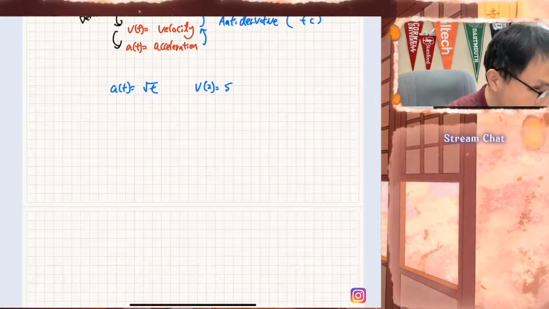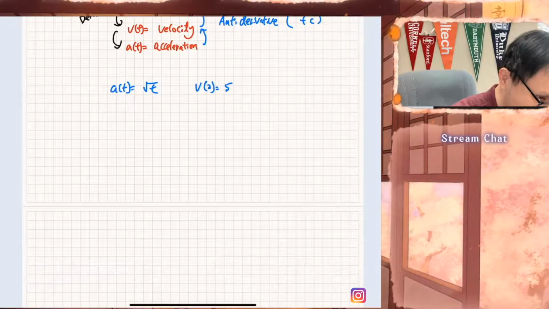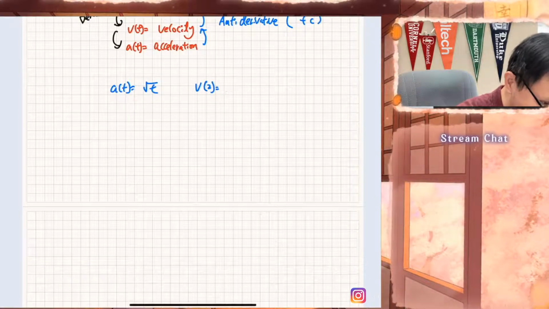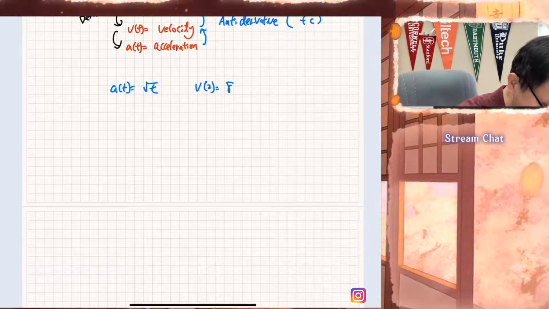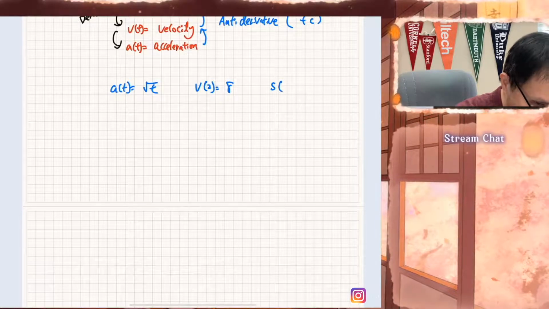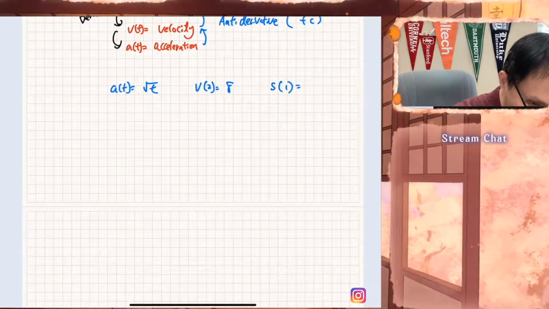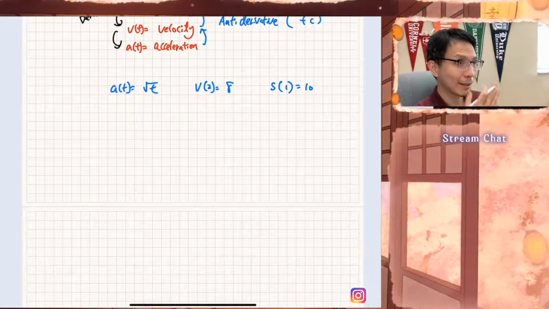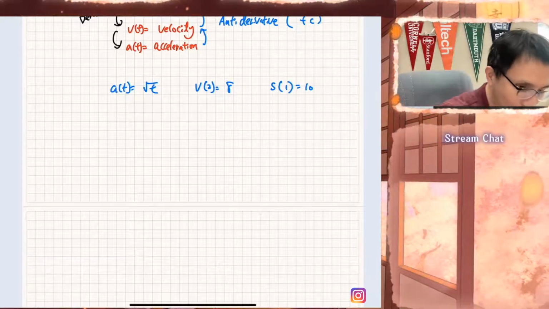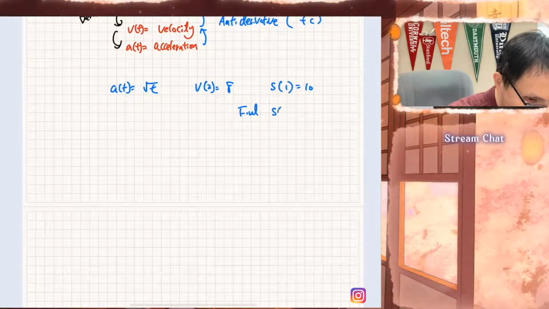I can do that. Can I? Let's give you an even number. And I can say s of 1 is going to give me 10. Something like that. Then you can find original positions. I can say, hey, can you find s of t?